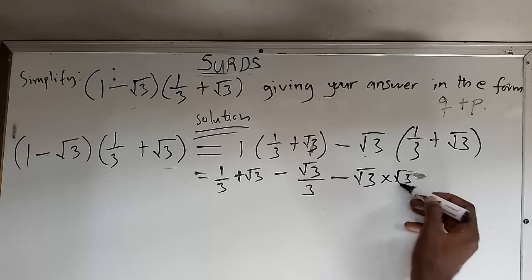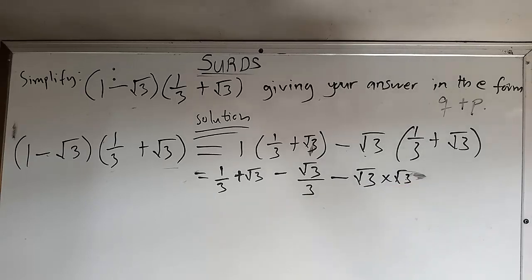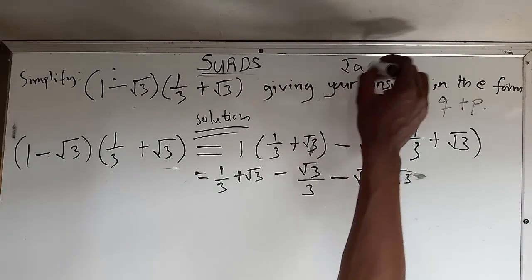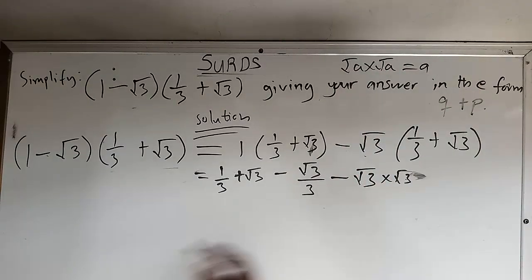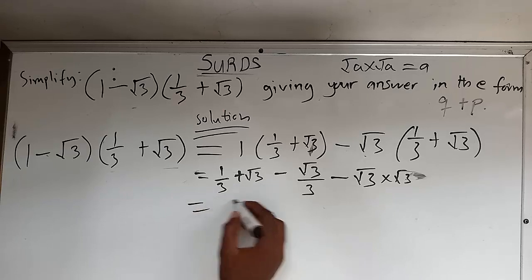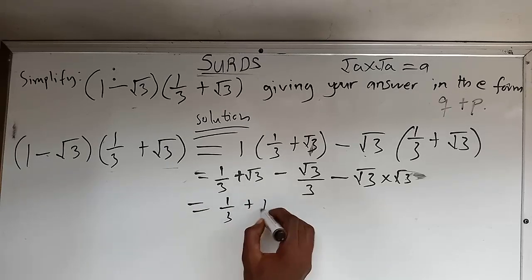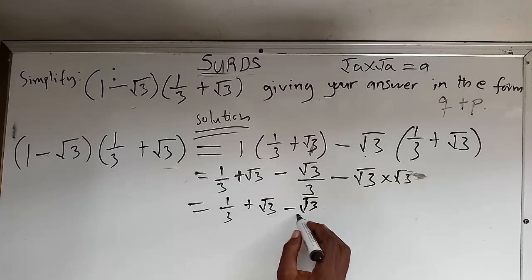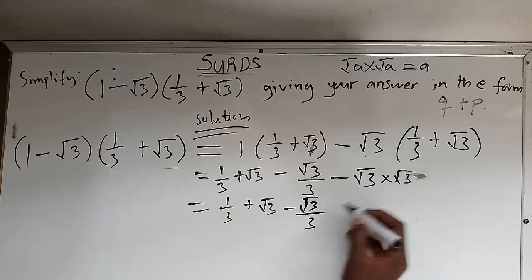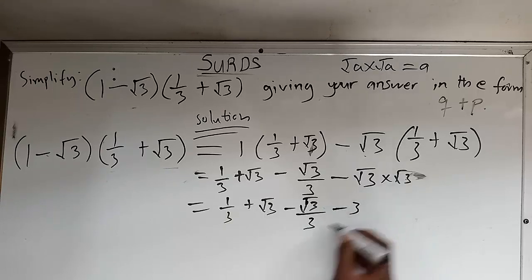And we know root 3 times root 3 will give us 3, because we have root a times root a is equal to a. So this will give us 1 over 3 times root 3 minus root 3 over 3, then minus 3.